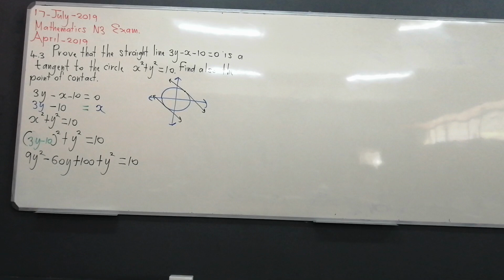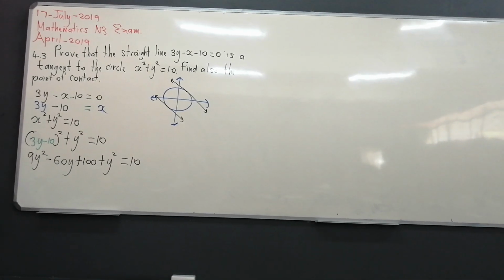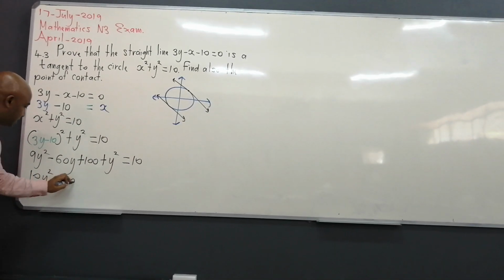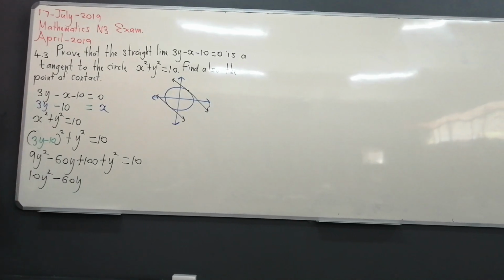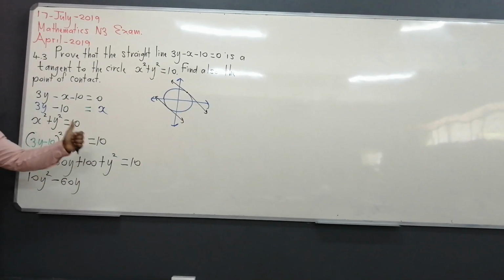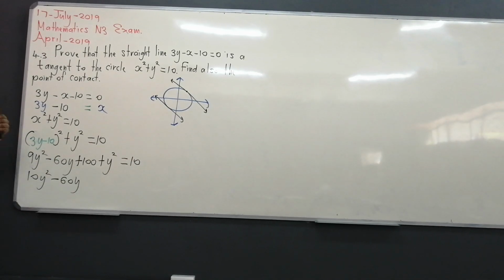Okay. So 9y squared plus y squared I will get 10y squared, and then I have minus 60y. Okay. This 10 on the right hand side, if I bring it to the left, it's going to be minus 10.